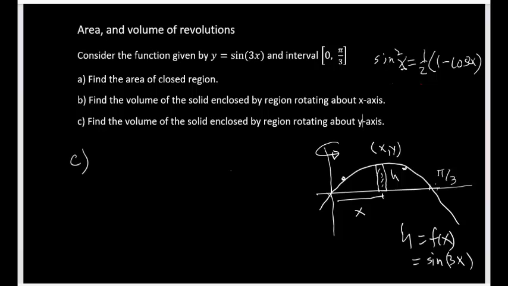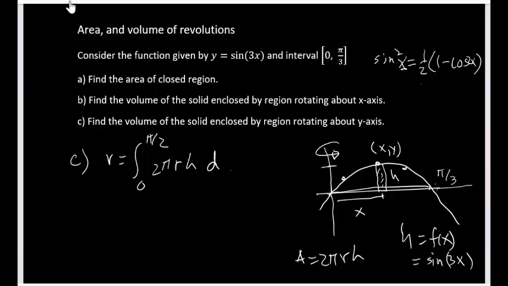And we know that the surface area of a cylinder is 2 pi r h. So then when I use that one here for the volume, the cylinders are again moving on the x-axis, right? So that's why you are taking 0 to pi by 3, and then you have 2 pi r h, and integration will be with respect to x, dx.